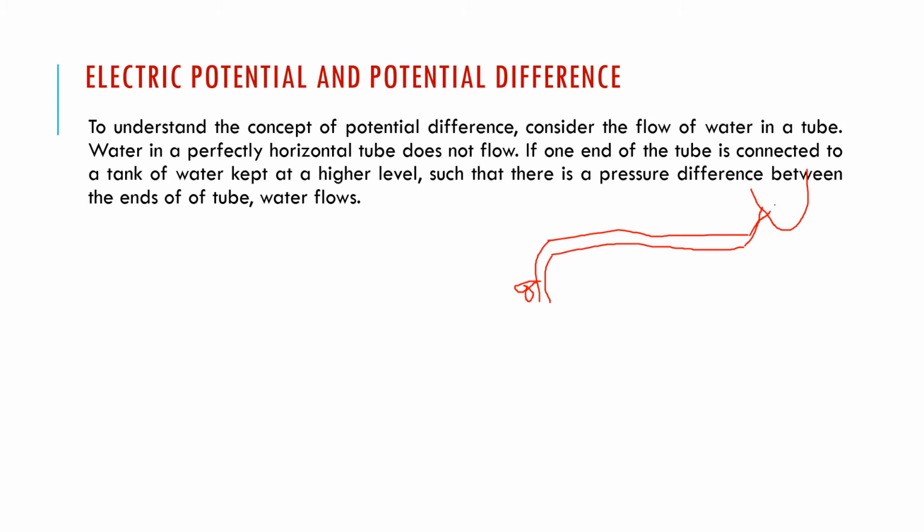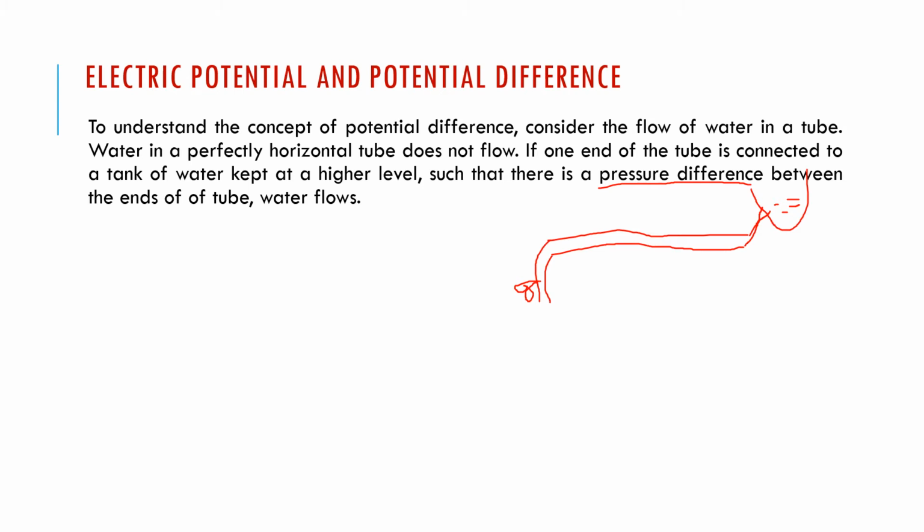One end is kept at the tank at a higher level, and the tap is at a lower level. Then the water starts flowing from the higher to the lower level. This is because of the pressure difference between the ends of the tube. So from higher pressure to lower pressure, water starts flowing.